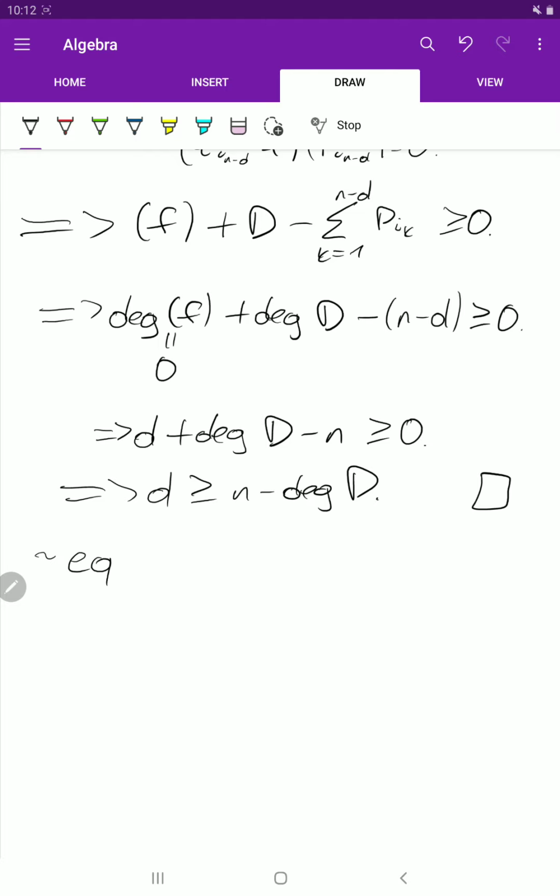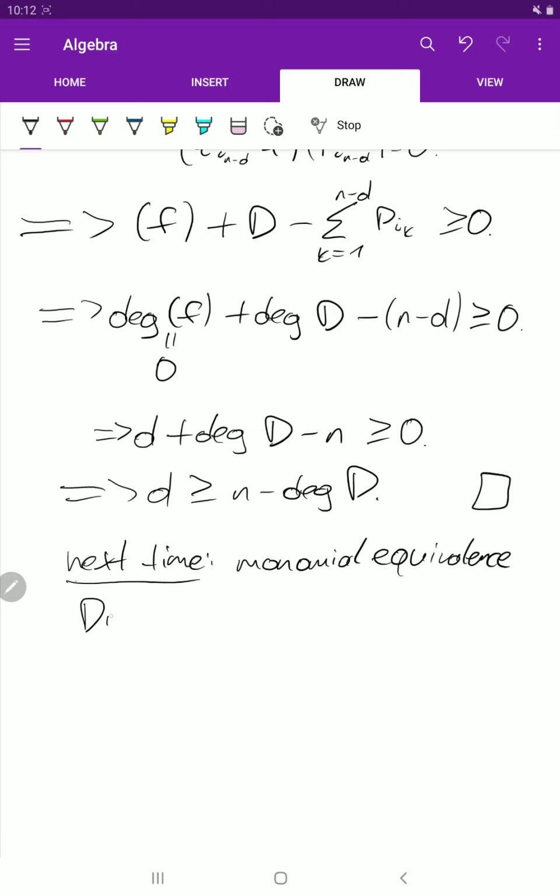So next time I'll mention monomial equivalence, tell you what it is, and we'll see that, I'm not sure if I mentioned it in the first video, but we'll look at the divisor class of the curve.